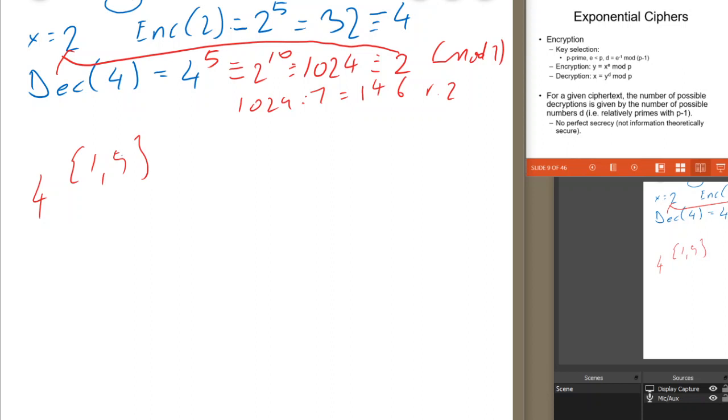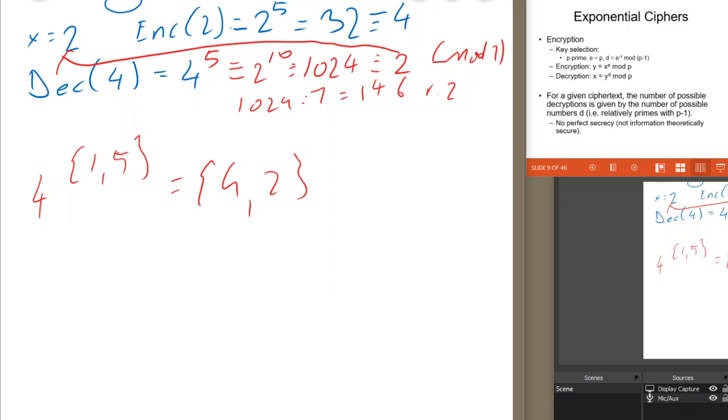So therefore, the only possible messages, if an attacker will try all possible keys, are in this case 4, respectively 2.